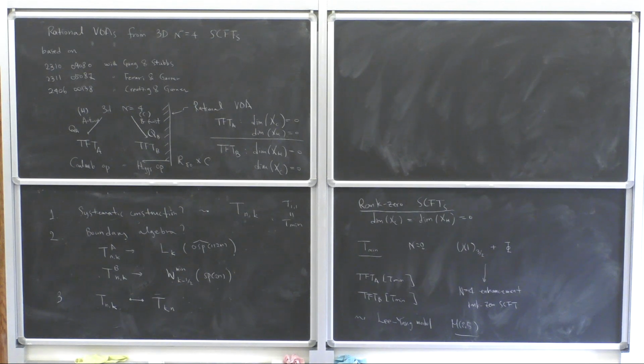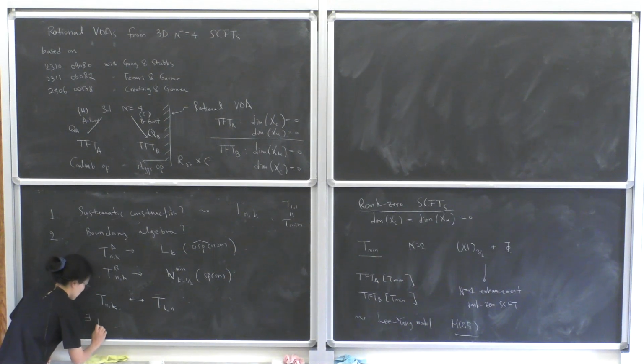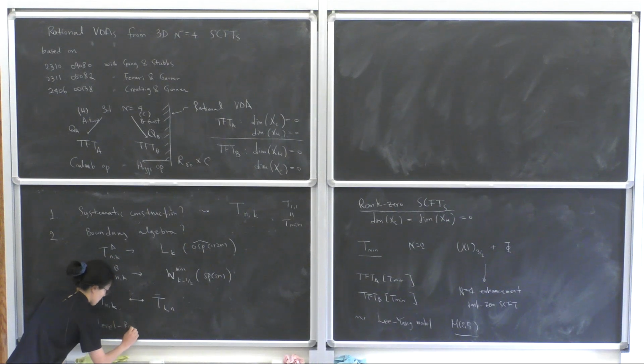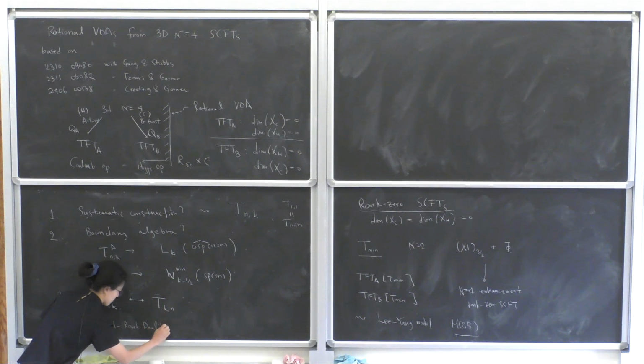And this mirror symmetry is going to tell us something about this boundary algebra. It's going to tell us that there exists a new class of level-rank dualities.